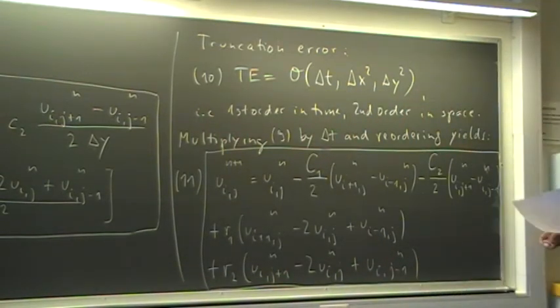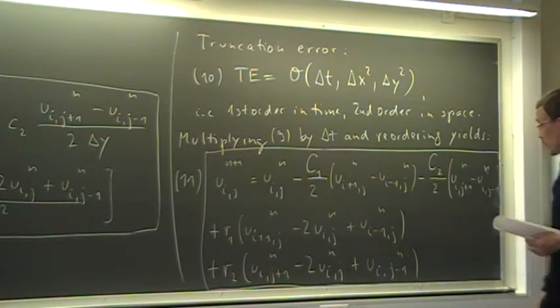Now I want to define these Courant numbers and von Neumann numbers.